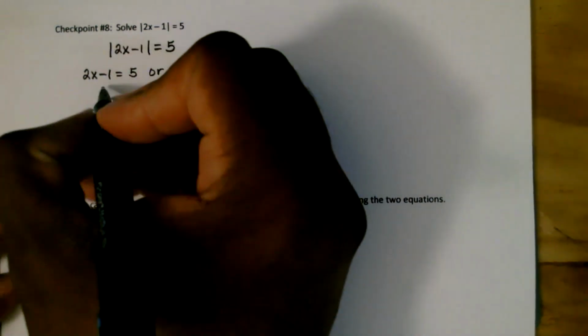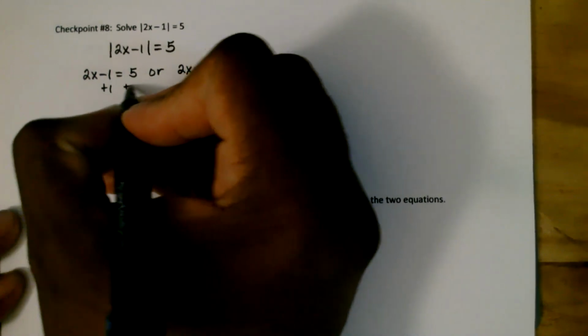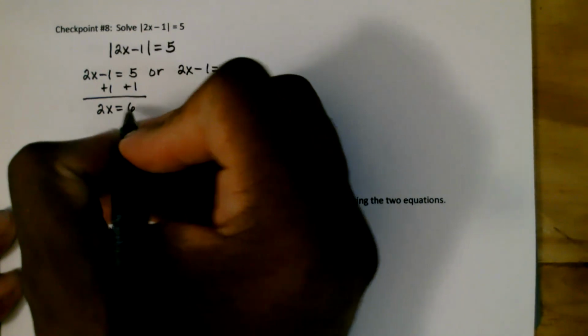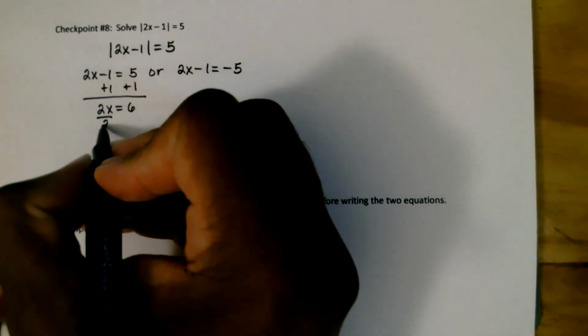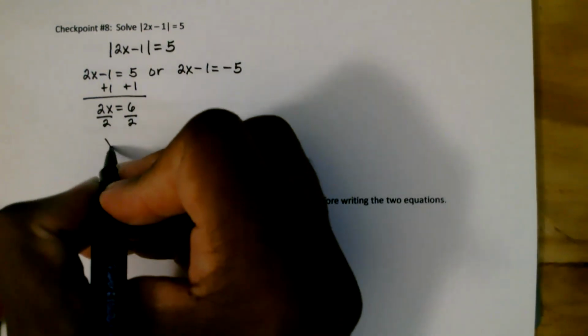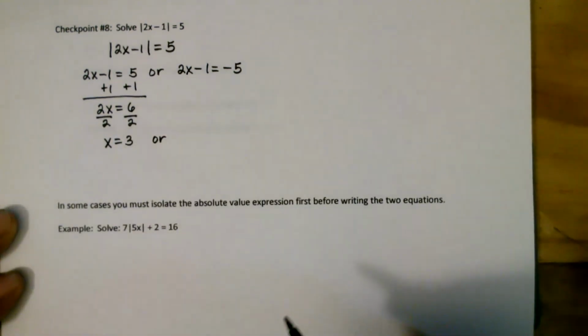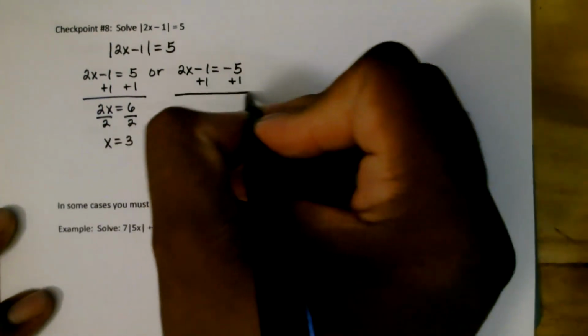So for 2x minus 1 equaling 5, if we add 1, you'll get 2x is equal to 6. And then divide both sides by 2. x is equal to 3. Or for 2x minus 1 equal negative 5, of course, if we add 1, this time it'll be 2x is equal to negative 4.